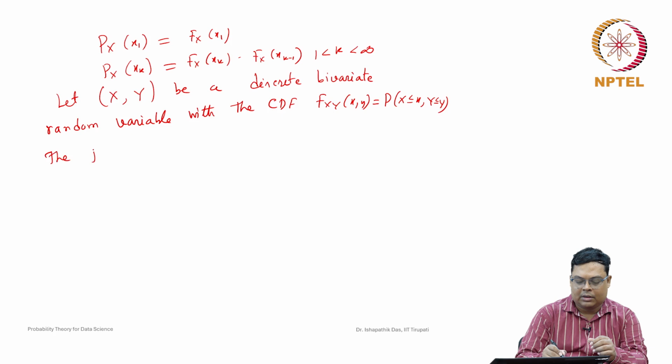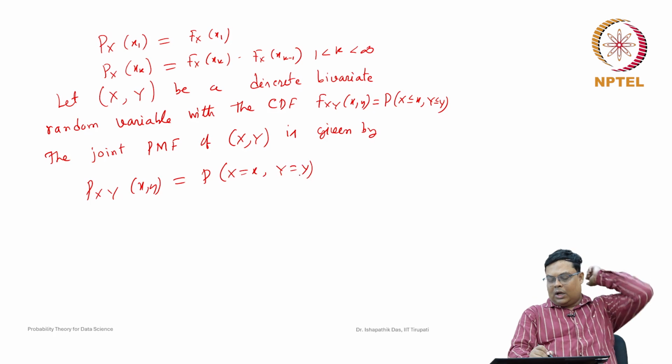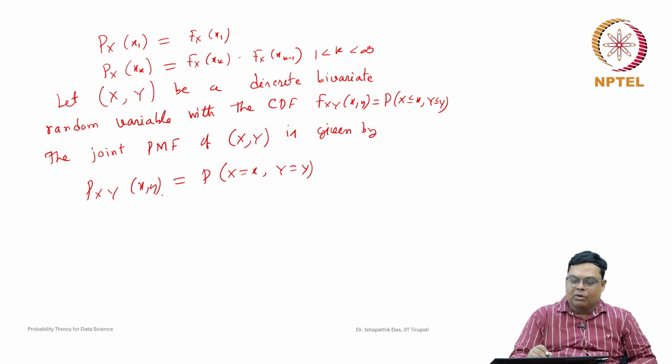The joint probability mass function of (X, Y) is given by p_XY(x, y). This is nothing but the probability that X equal to x comma Y is equal to y. Now, basically this will be 0 outside the range.